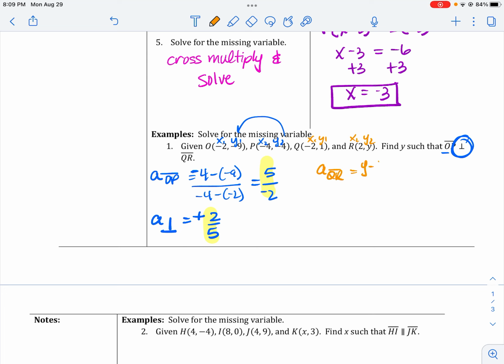So that's y minus 1 over 2 minus a negative 2. That's y minus 1 over 4. Now, we take these two things and make an equation. So I have 2 over 5 equals y minus 1 over 4.